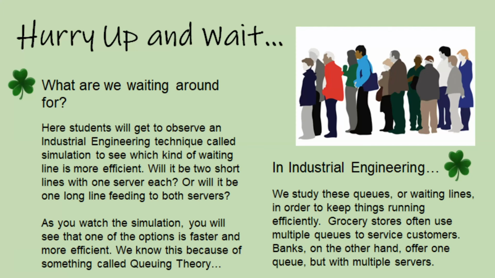So we have put together a simulation in Simio that shows an office where people are working with different desk attendants and getting some paperwork scanned. One of the stations will be one big line with two different stations or servers, as we call them in simulation. And then on the right side, as you will see, will be two separate lines with two servers. We're going to see which one moves faster and gets more people through and is therefore more efficient.